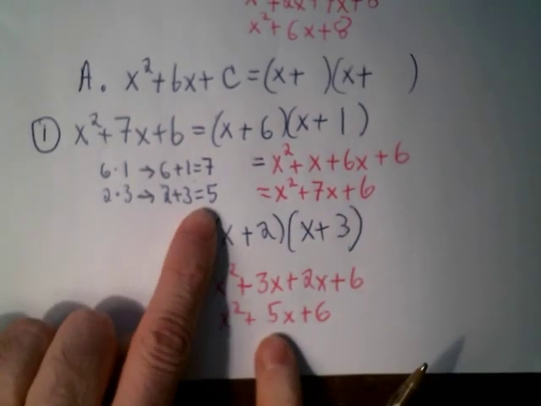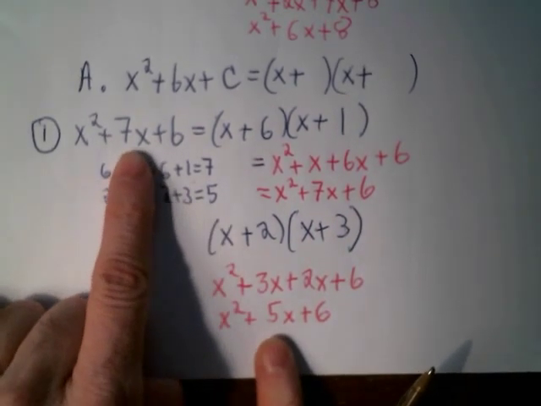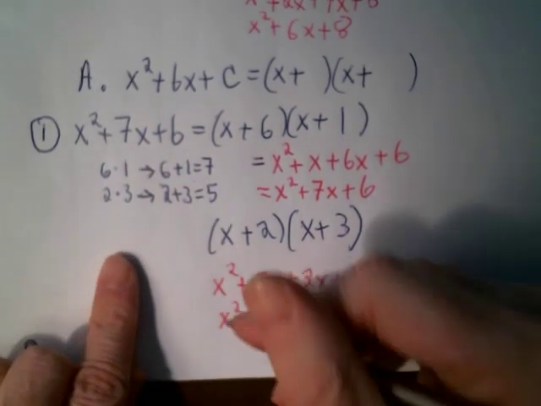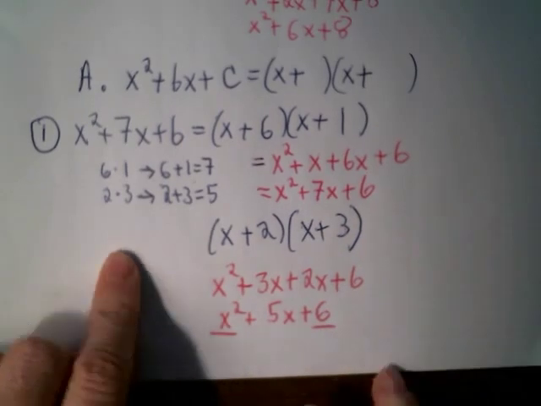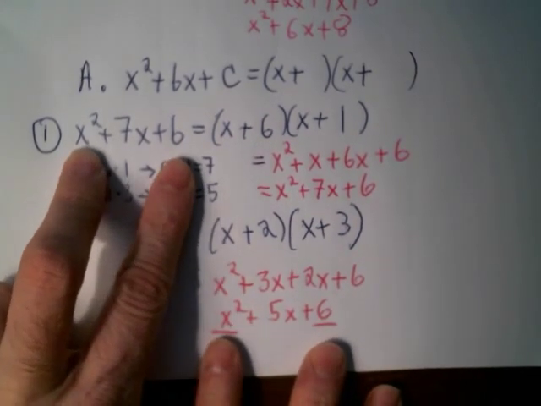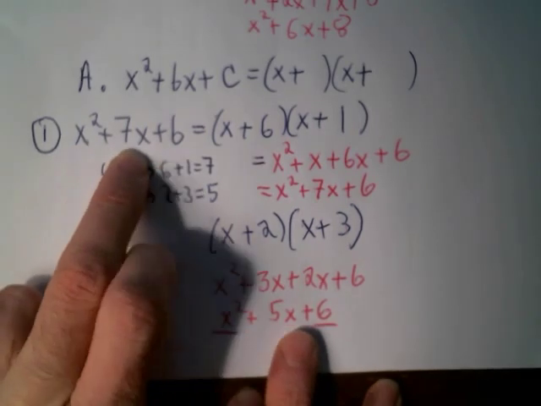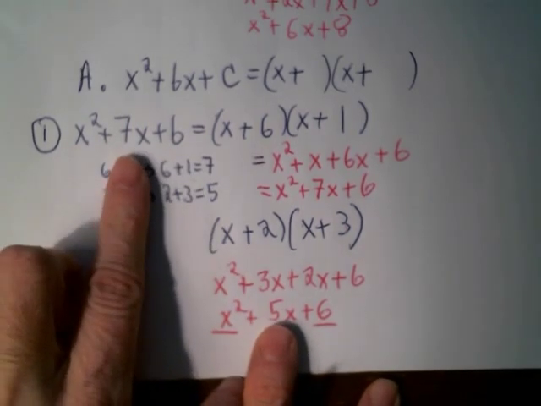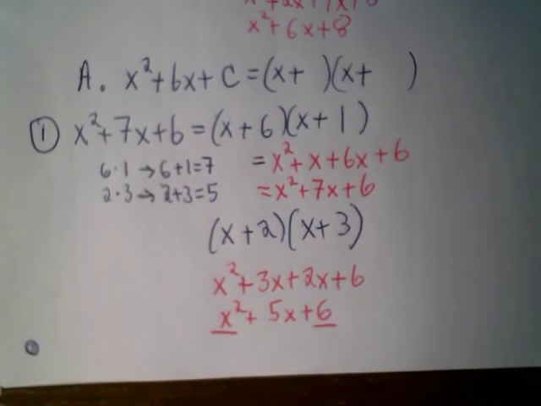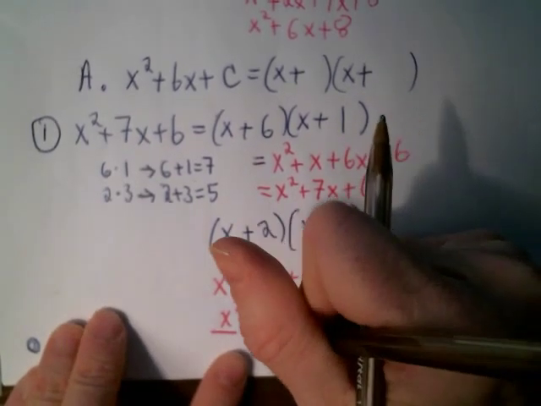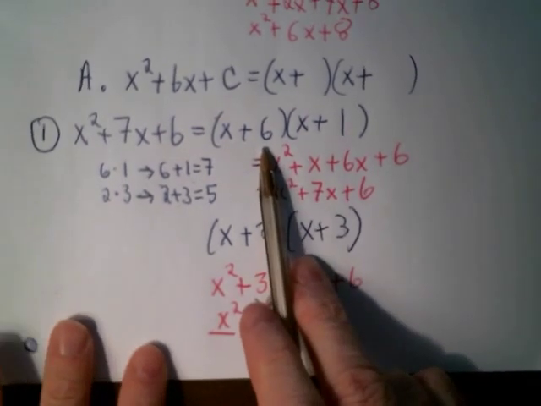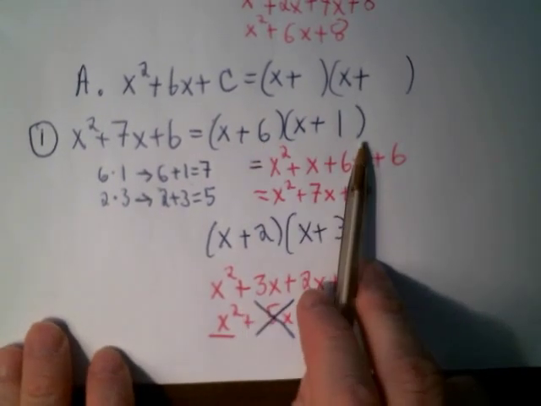And you see, that's not what we want. We wanted that middle part to be 7x. Sure, the last and the first terms work out such that we get the same answers in both cases. You get x squared and 6. It's this middle term which turns out to be the troublemaker for this particular factorization. So that one won't work, and the appropriate choice was 6 and 1.